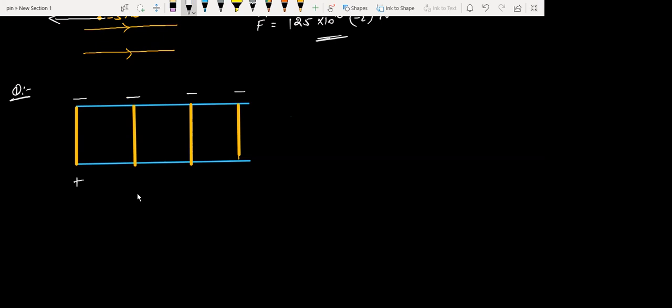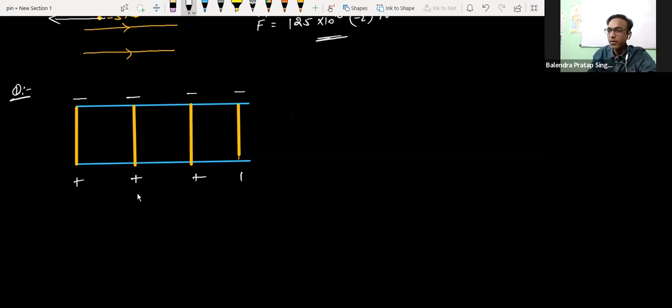This one is your positive plate, positive, positive, positive. Then the electric field line, the direction of electric field line from positive to negative. So these are the direction of this electric field line. The distance from positive to negative plate is y.